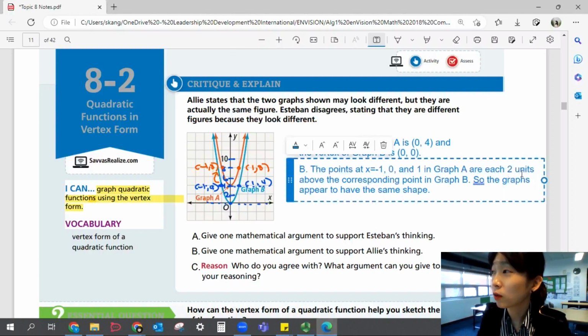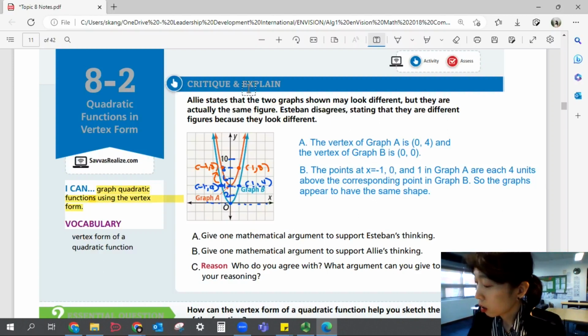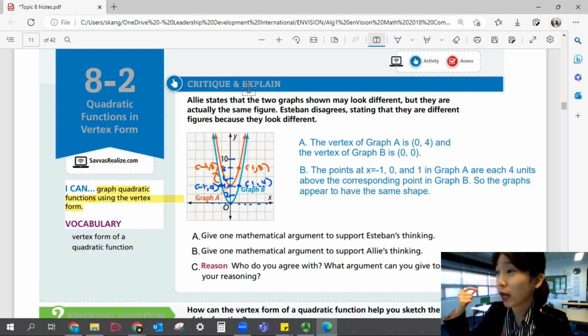It's actually 4 units. They're the same, right? So if you translate graph A above 4 units or graph B down 4 units, they would be the same.